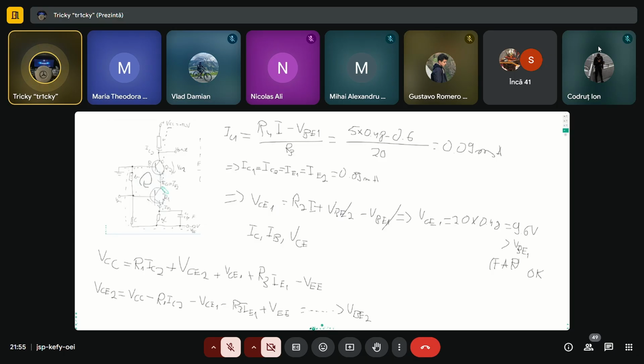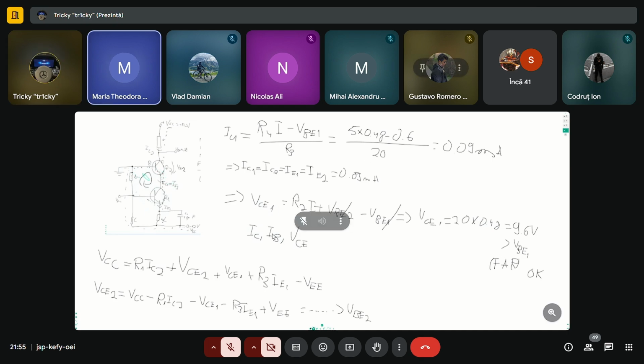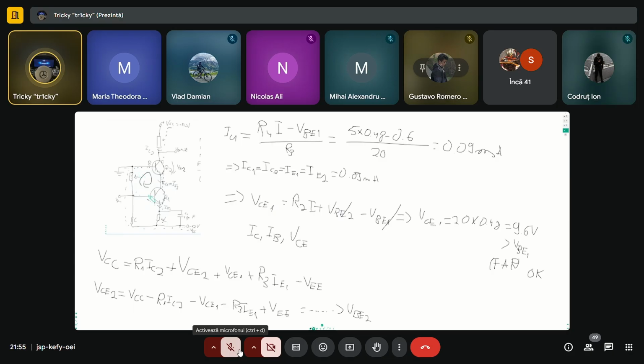Yeah, so we went like this, like this, like this, and like this. So it went VCE1, VEB1, VB, and VBE2. Yeah, it's a closed loop over here.